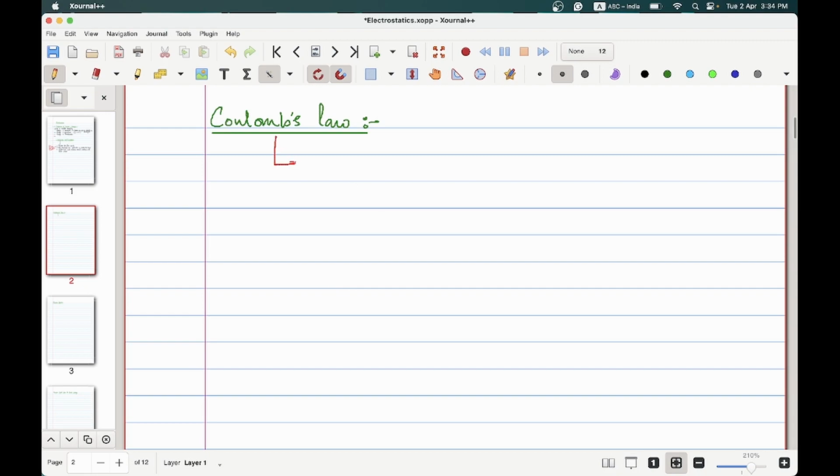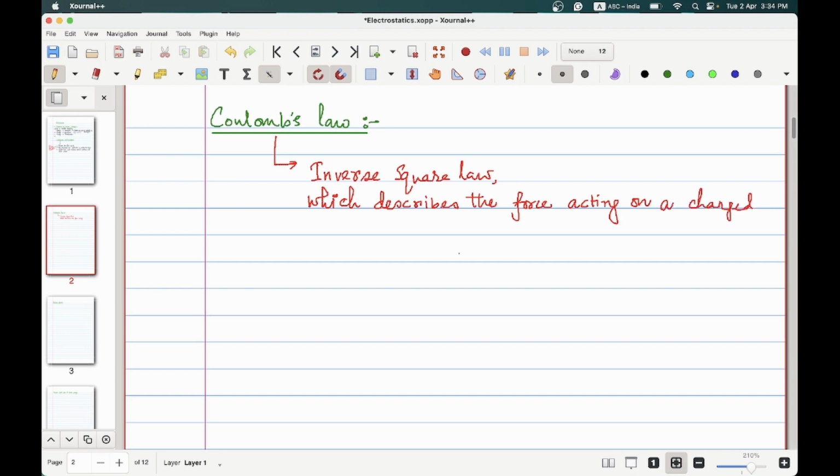This is basically an inverse square law which describes the relation of the force acting on a charged particle due to another charged particle.